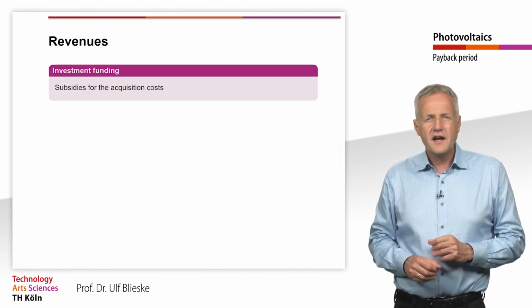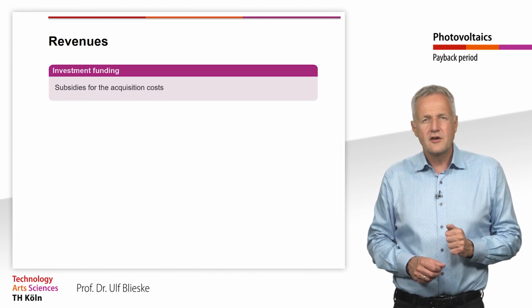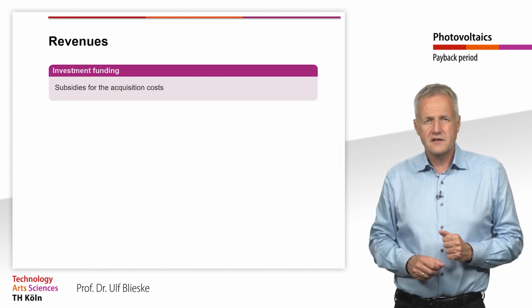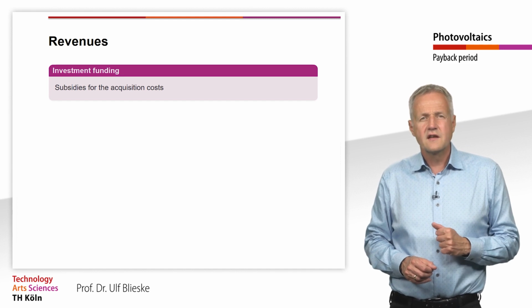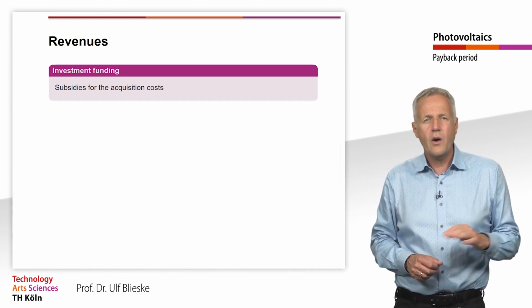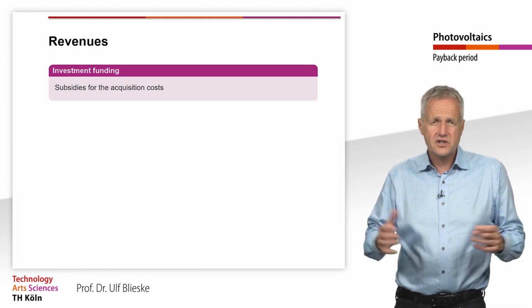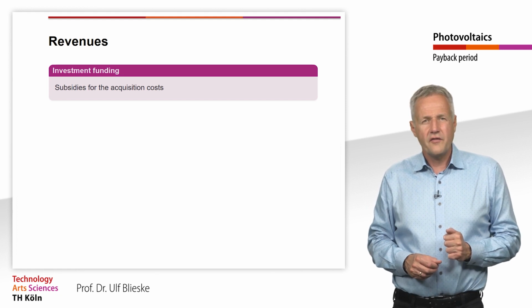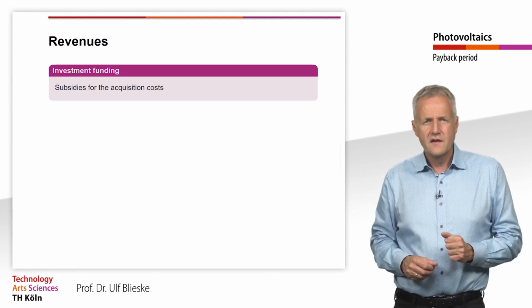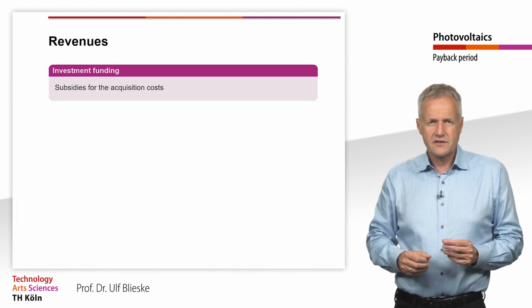On the benefit side, we also have various variables that are included in the profitability analysis. First of all, some states, municipalities or cities subsidize PV systems with a one-time payment when the system is built. In addition, there are also various subsidy models for the feed-in of electricity from PV systems, which can essentially be divided into two categories.